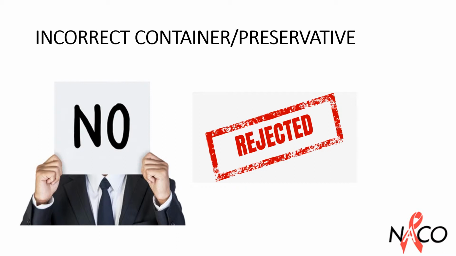Culture specimens should always be collected in sterile containers. Specimens received in incorrect containers, or with or without appropriate preservative or anticoagulant which would invalidate the results, will require recollection wherever possible.